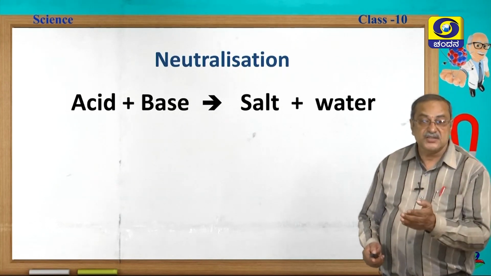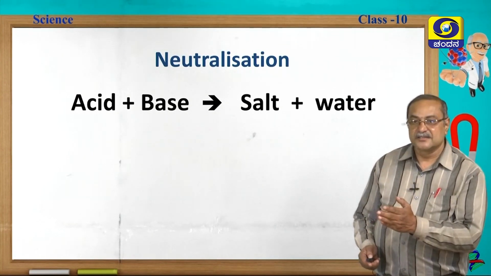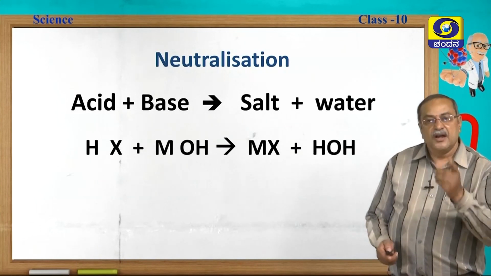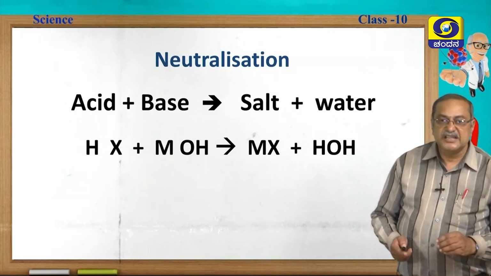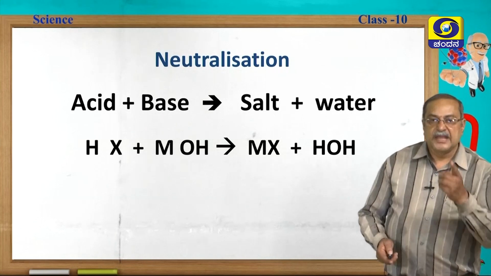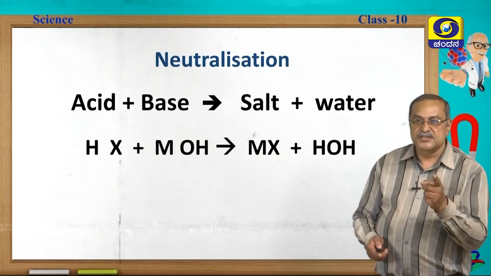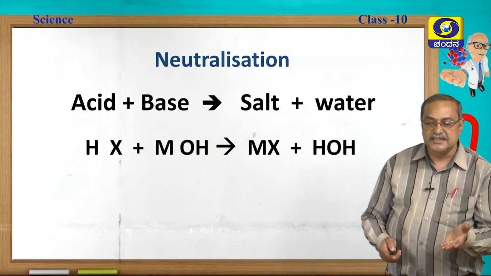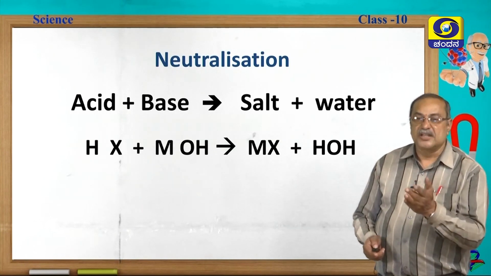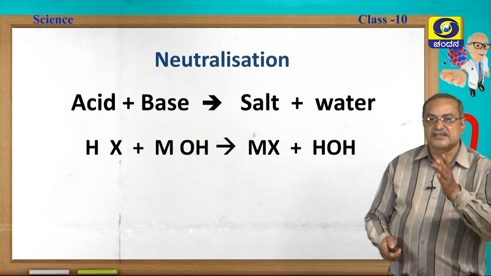Acid plus base gives salt plus water. How the exchange of materials takes place to form this, we will see. HX, that means hydrogen which is present in the acid, plus MOH, where M is the metallic part present in the base.